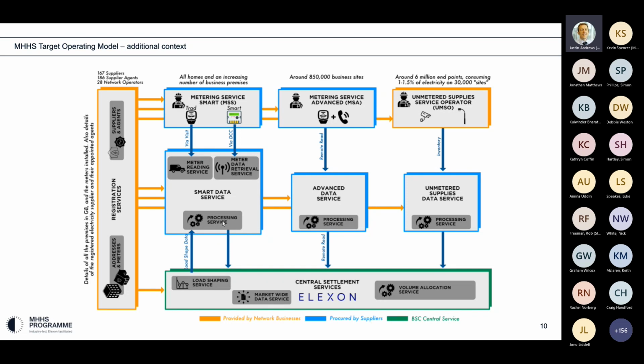We'll show you some business process models for each of these services, from meter through the processing services into central settlement, and we will be describing more about the functions of each of these services within central settlement. So if you want to understand more about how metering data is got, how it's transformed or processed, and therefore how it's used within central settlement to derive volumes by suppliers, then please join that on Friday morning.